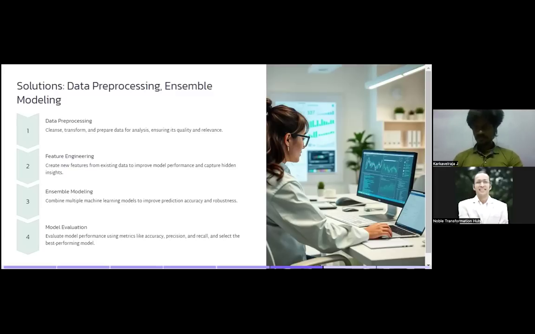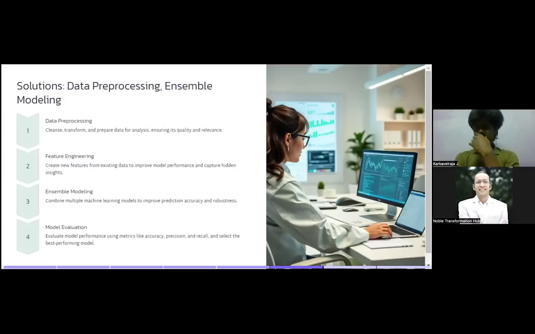So data pre-processing and then ensemble modeling, we call it ensemble modeling, or ensemble learning also. Okay. So the second point is feature engineering, creating new features from existing ones. We have already discussed it multiple times.